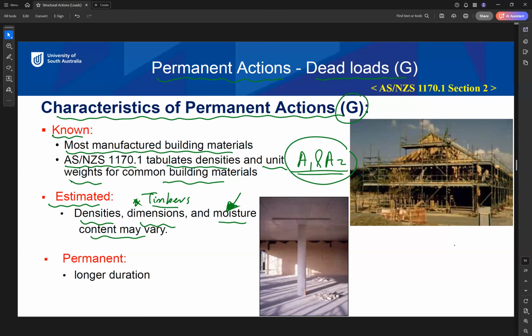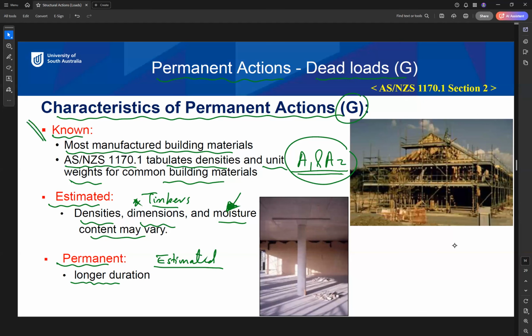So there will be some margin of error, or you can do some estimation about the weight using the dimensions and the weight of the material you have. And we have other dead load, like permanent loads that stay for a longer duration. So this can also be estimated based on experience.